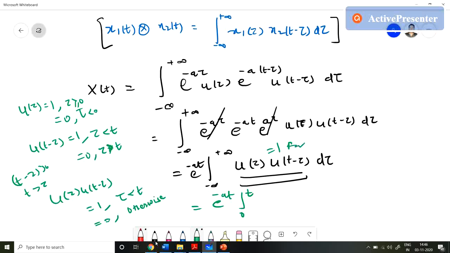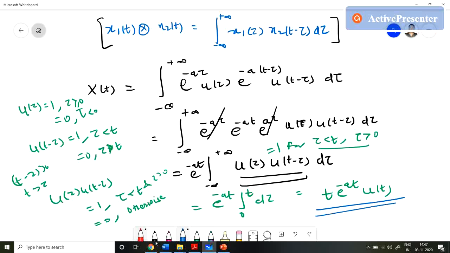So it is equal to 1 when we have tau less than t and tau greater than 0. So this is our final answer.